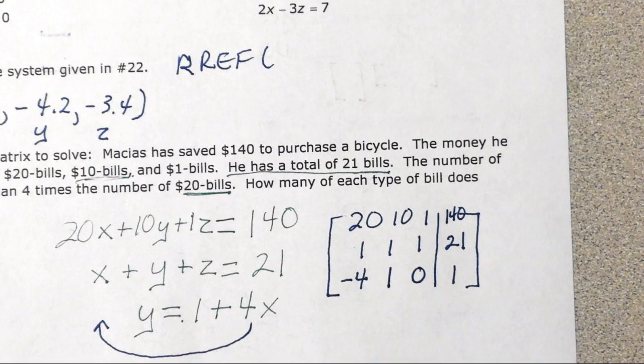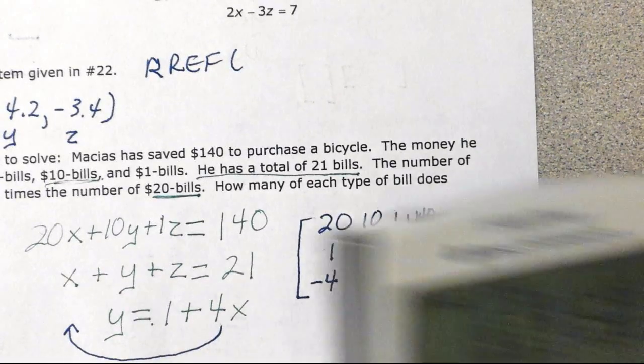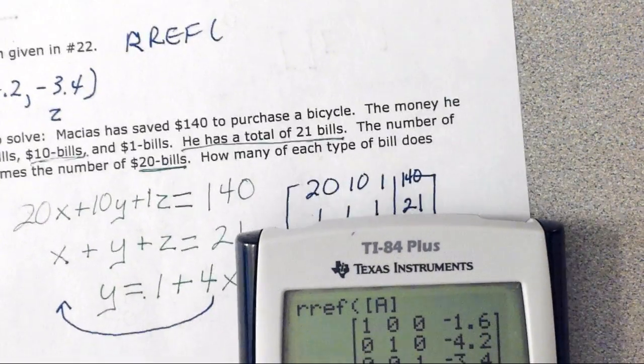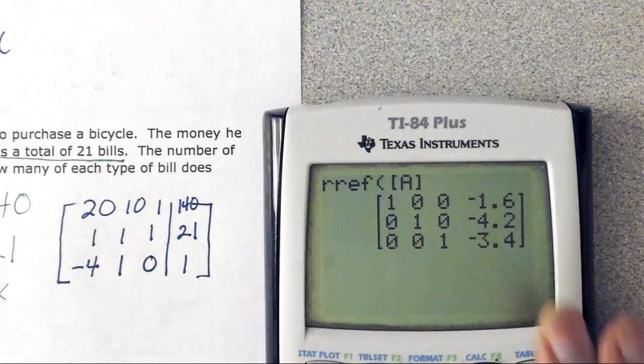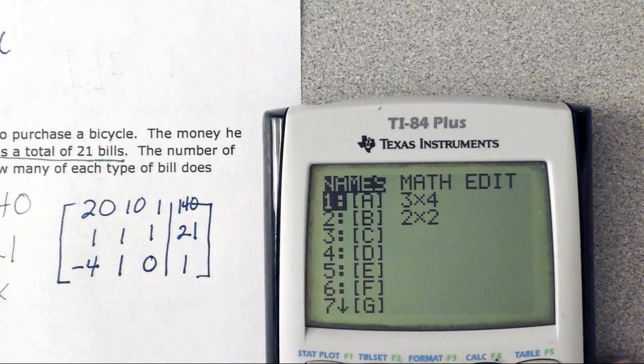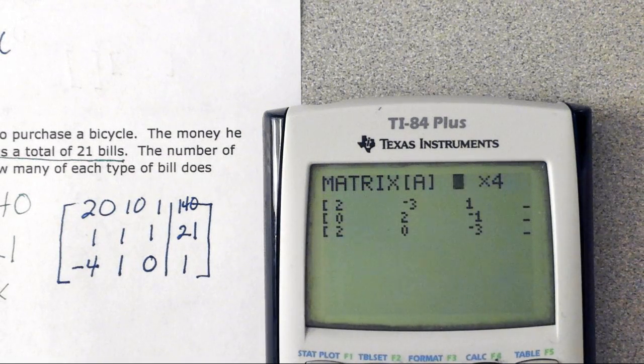Now that we have our augmented matrix, we're going to type it into our calculator to find our solution. And we do the exact same process as what we did before. So here we go. Second matrix. I'm going to edit the very first one. This is now a 3 by 4 matrix, already set up.